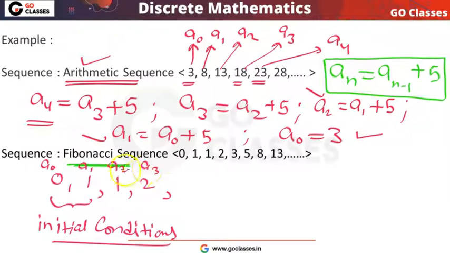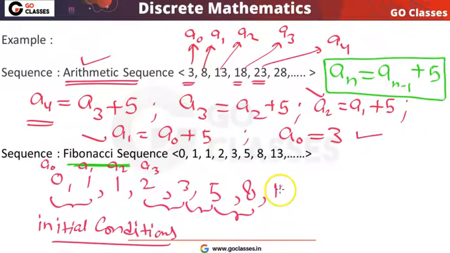Now A4 is the summation of the previous two terms, so that is 3. The next term is 5, the next is 8, the next is 13, and so on. This is a very popular, very standard sequence, the Fibonacci sequence.